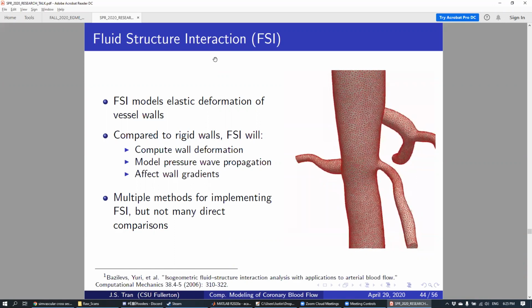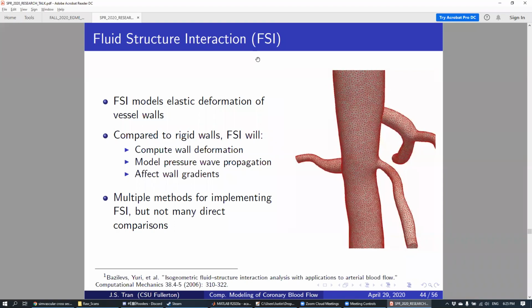That's a direct result of the rope being a flexible structure. It's the same thing for blood vessels. When you have a deformable wall, information about pressure waves doesn't propagate through your system at infinite speed as it does with the rigid wall.